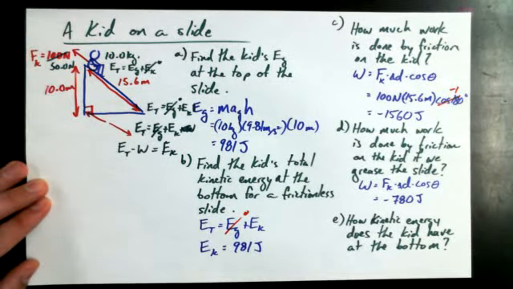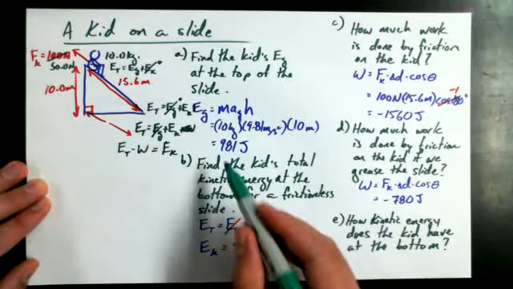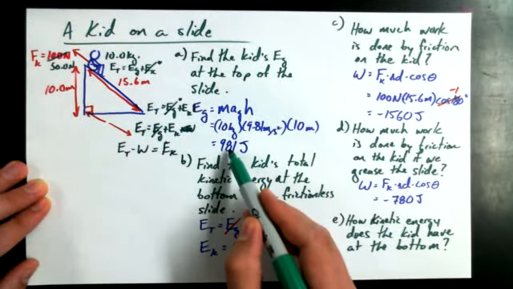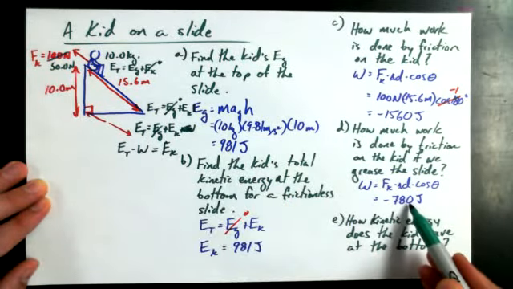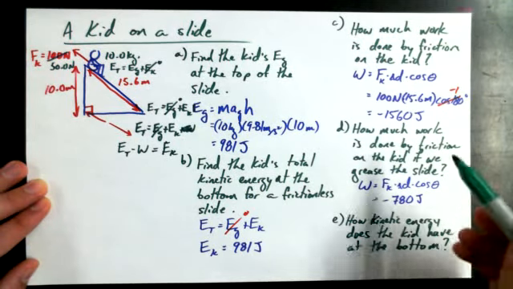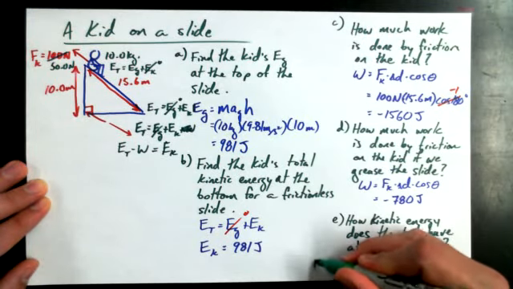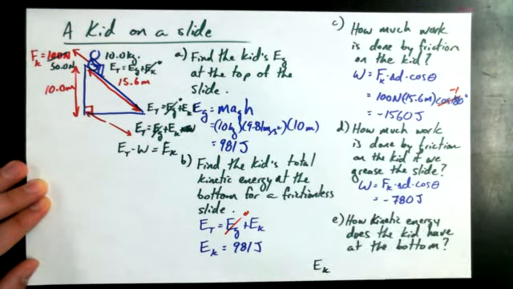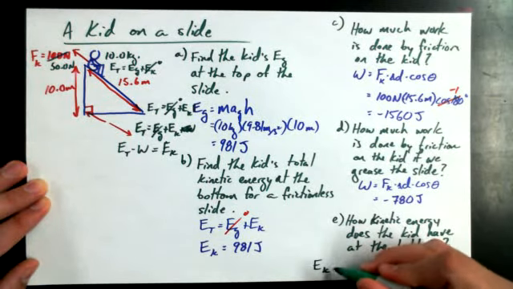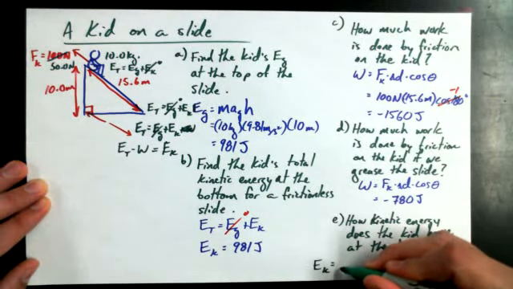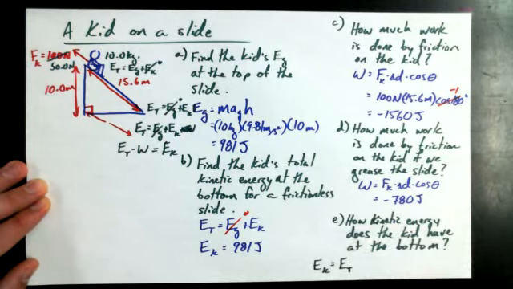Okay? So we got a total energy of 981 joules before. We took away this much energy due to friction. Is that understandable? Yeah. And that leaves us with a new kinetic energy. So E kinetic, now that there is friction, is going to be equal to the total energy that we started with minus the work that was done on this person.